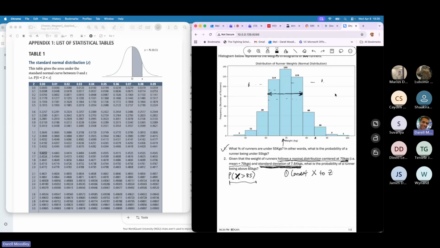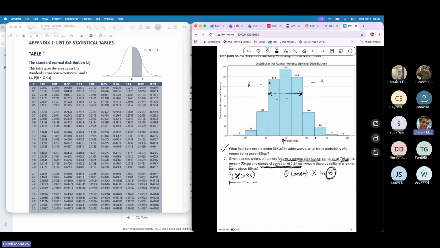But what we can do is convert any data to Z. And once we convert it to Z, to a common variable, then we only need one table to figure out those probabilities. And that's the table on the left, which is in your textbook. So we are going to convert X to Z. And how we do that is we use this formula here. You don't have to memorize it.